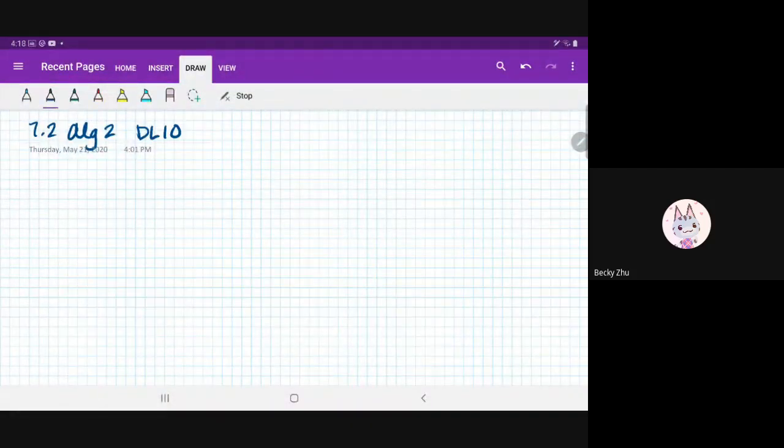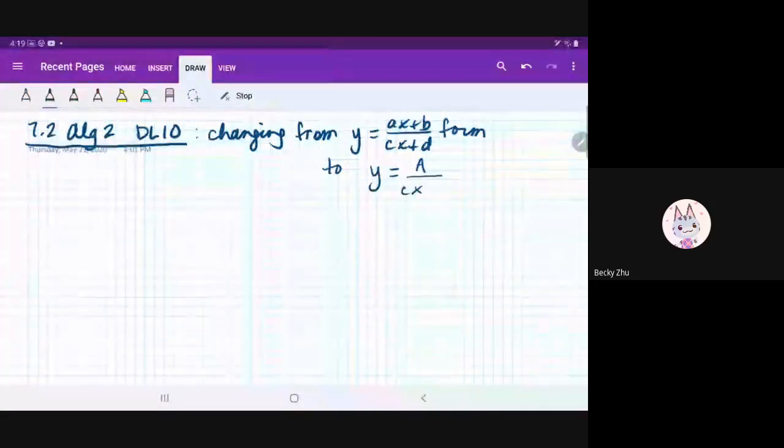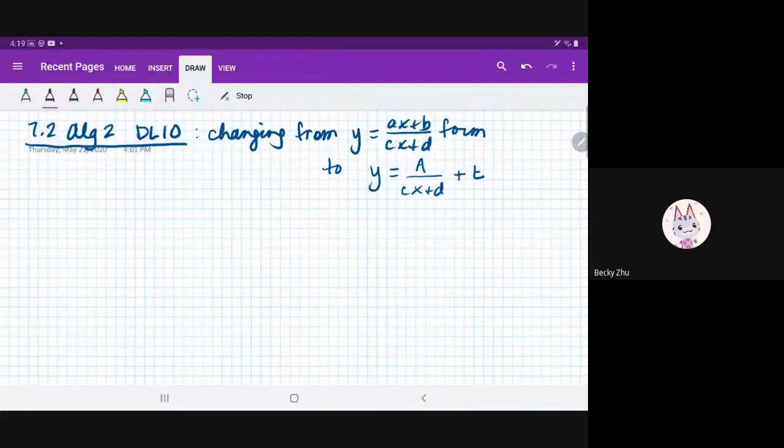What we're practicing today is changing from y equals ax plus b over cx plus d form to y equals, well, we won't call it a, we'll call it capital A over cx plus d plus some other number, we'll call it plus e form.